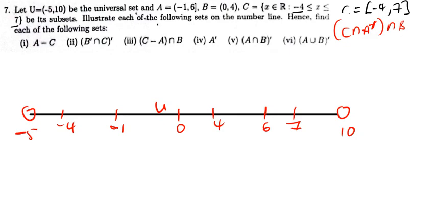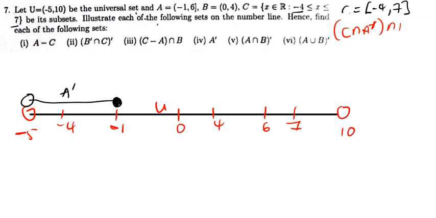In simple terms, I'll start with A complement. Initially, A is from -1 all the way to 6. -1 is not included, meaning the complement part will be included. So starting from -1 going to -5, that is my A complement.